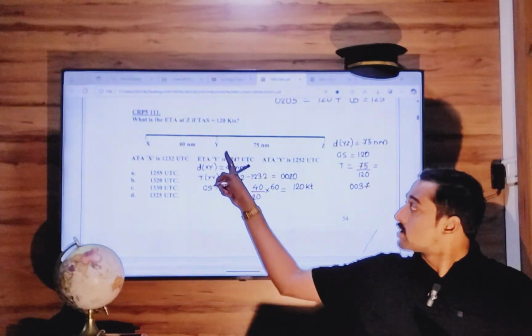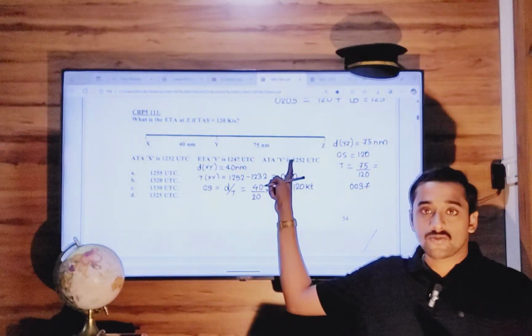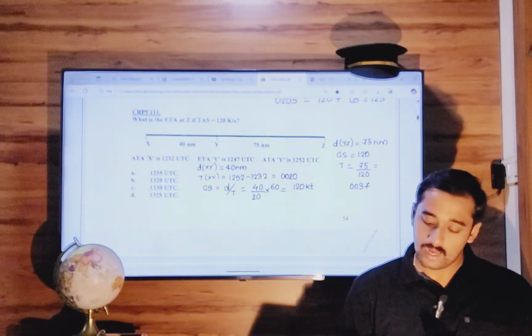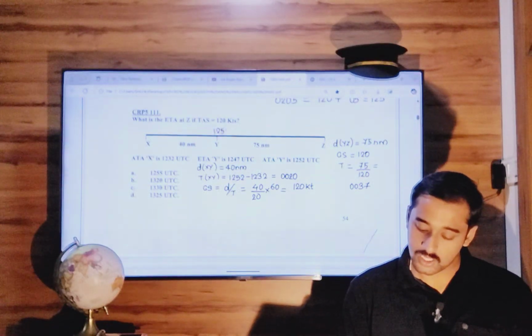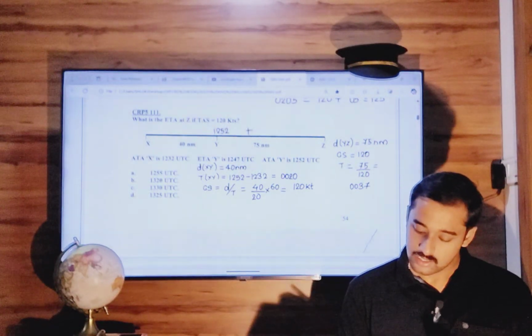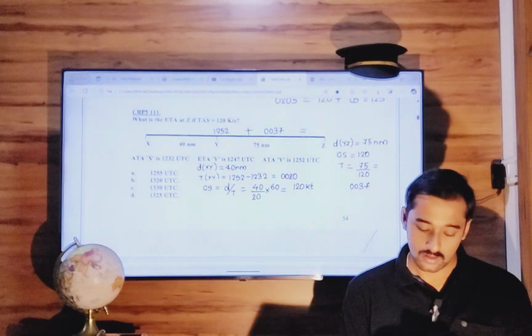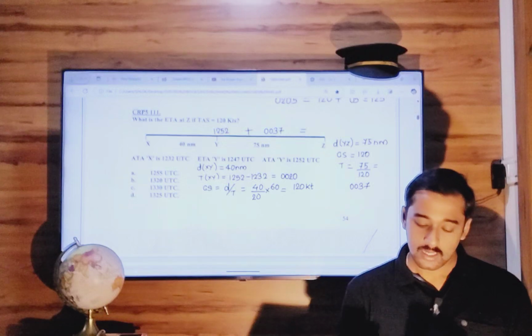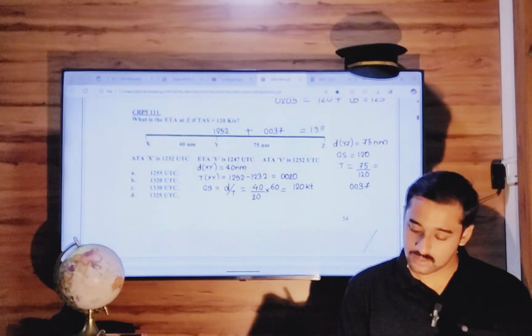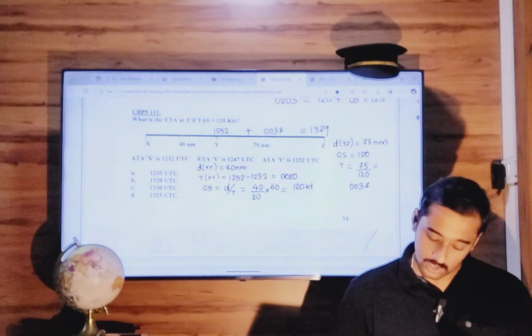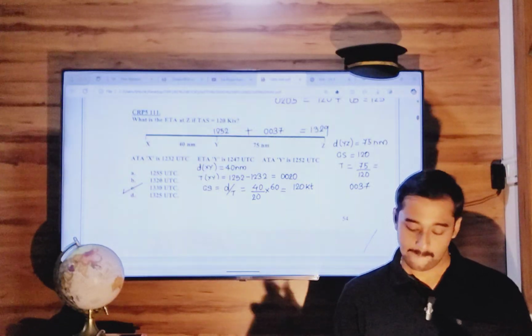Now, you are leaving Y at 12 hours 52 minutes. So 12 hours 52 minutes plus 0 hours 37 minutes will be equal to 13 hours 29 minutes. So the closest is option Charlie.